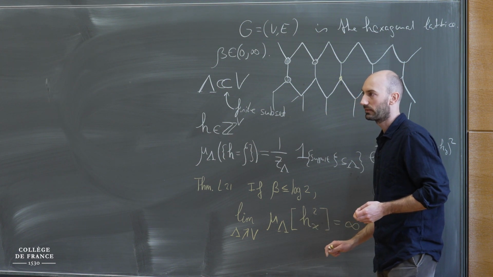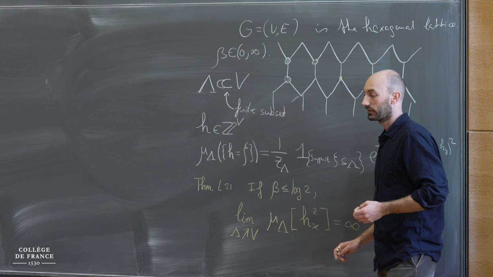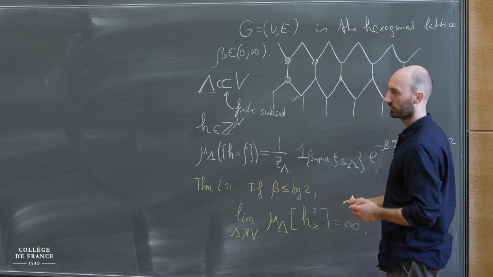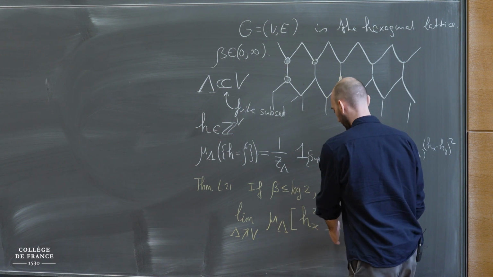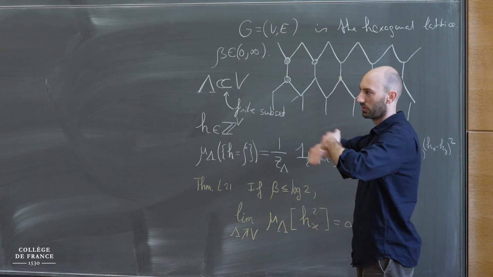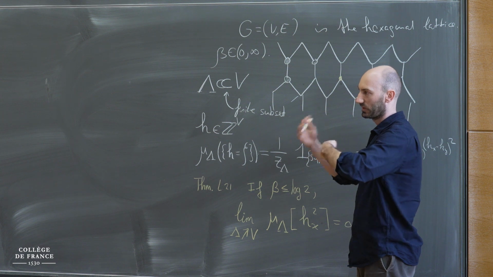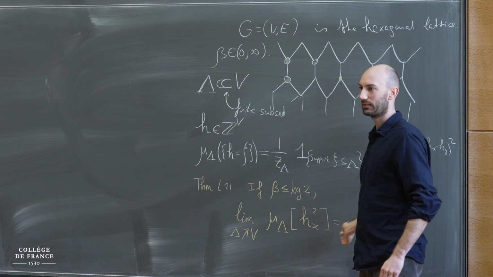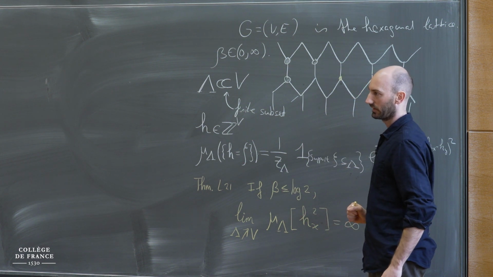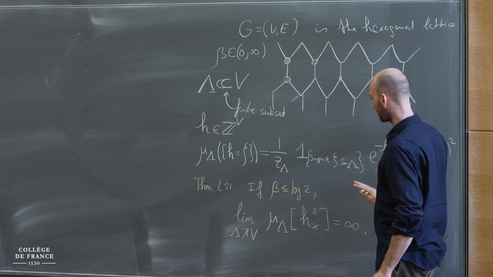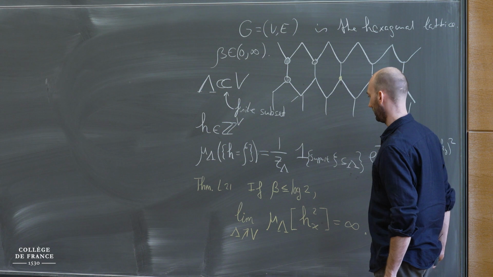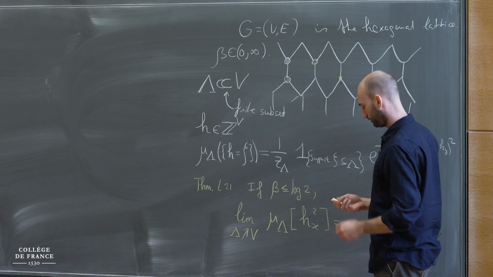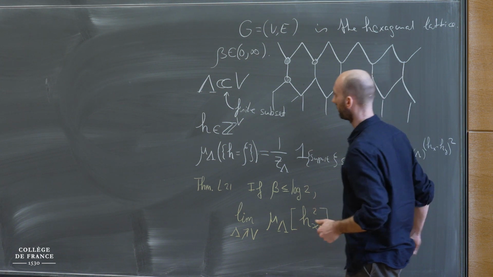And in fact, later we shall see that the same holds true for the integer valued function. So if you know that the variance is infinite, then later you can do a sort of renormalization procedure to see that it must go to infinity at least logarithmically fast. It's only a lower bound, but that's not what we're going to do today. Today the focus is only on this theorem, which is qualitative.